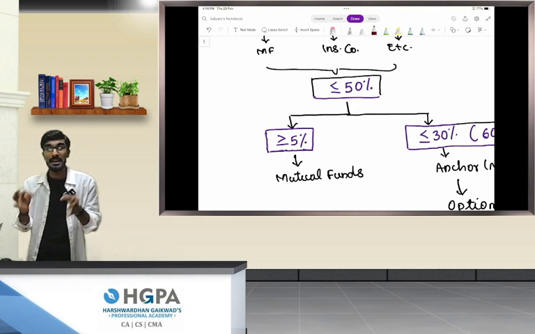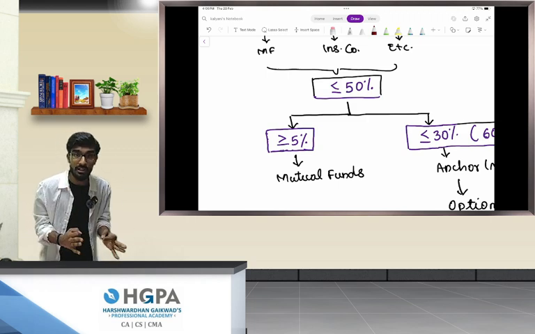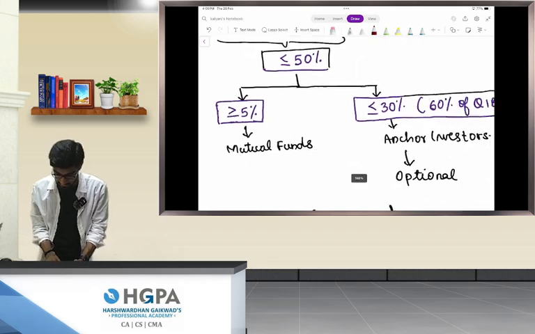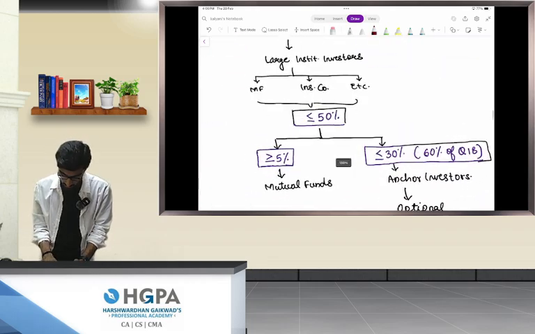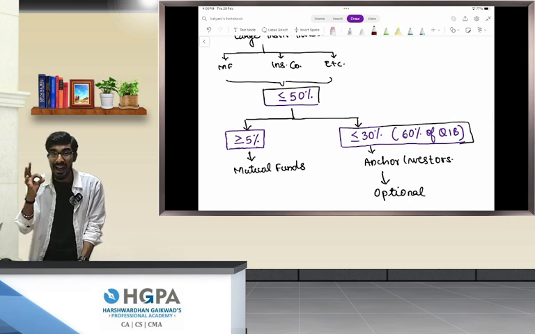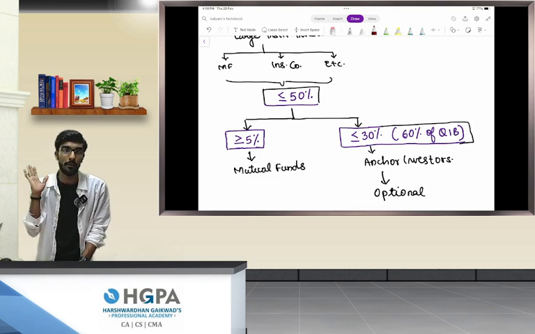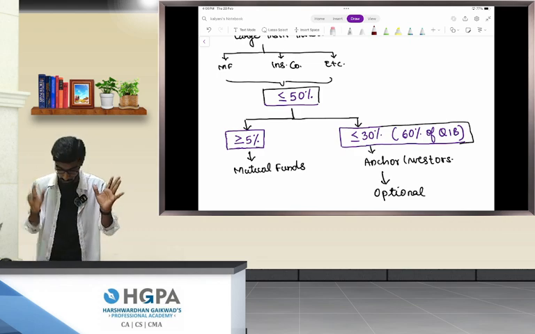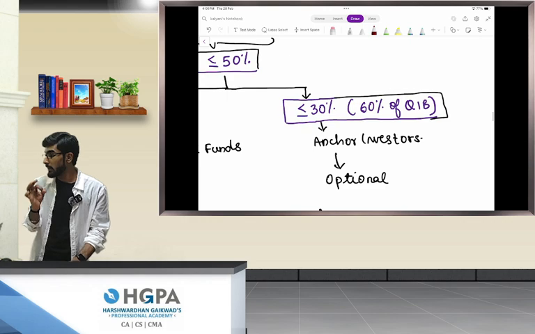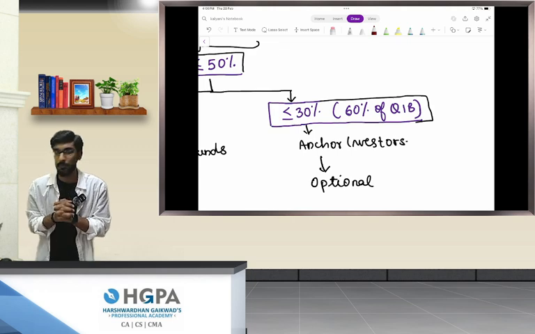Now, among these 50%, at least 5% should be given to mutual funds. Now, over here also there is categorization. Of the 50% share given to QIB, at least 5% should be given to mutual funds, but not more than 30% should be given to anchor investors.